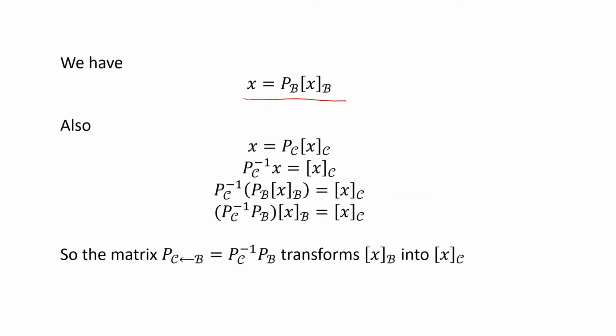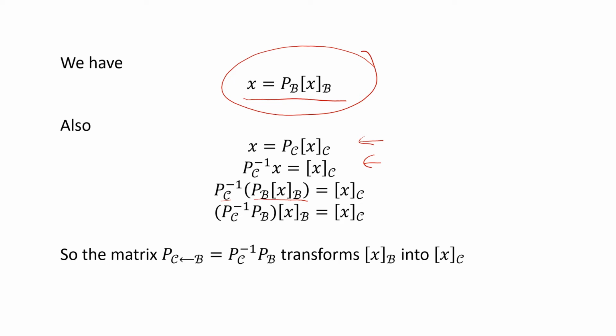Well, a little bit of algebra tells us how to do it. So we have this equation that x is equal to PB times the coordinates relative to B. We also have the same thing with C. So take the equation for C, flip this PC over to the other side. So we get PC inverse times x, the coordinates in the standard basis, is equal to the coordinates in the C basis. But we have an equation for x using the B basis, so plug that in, in place of x.